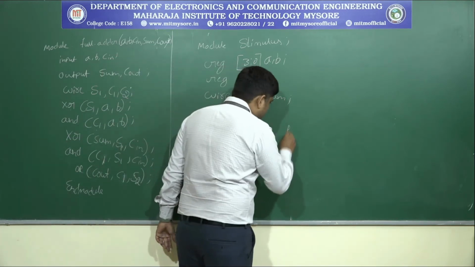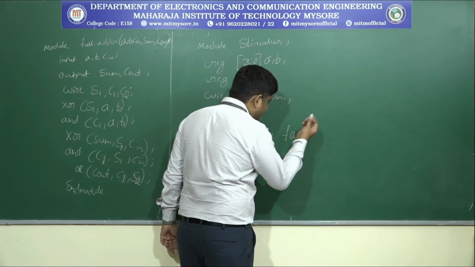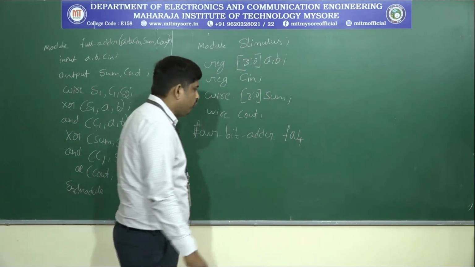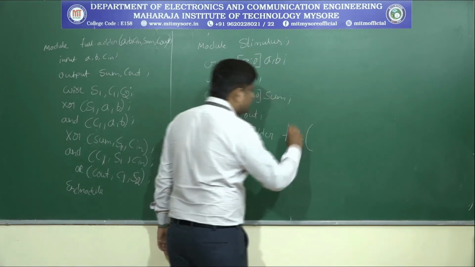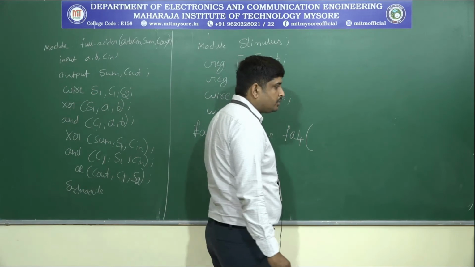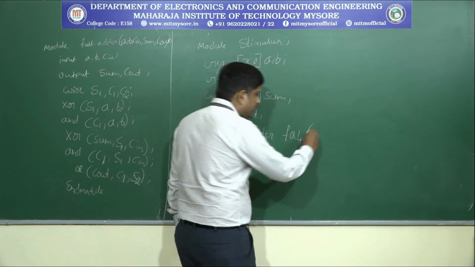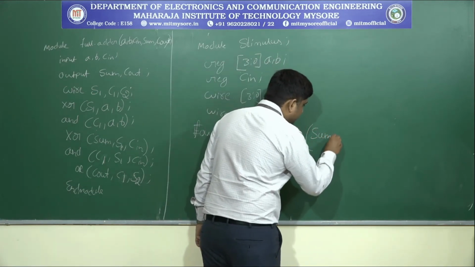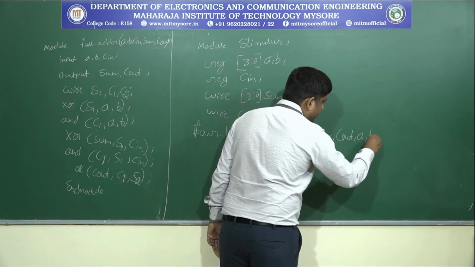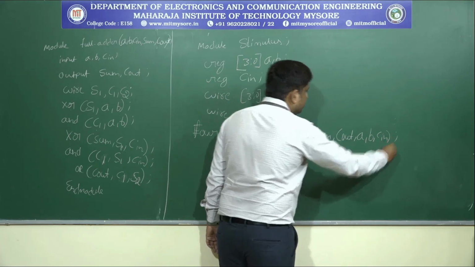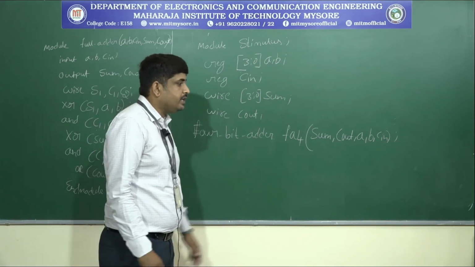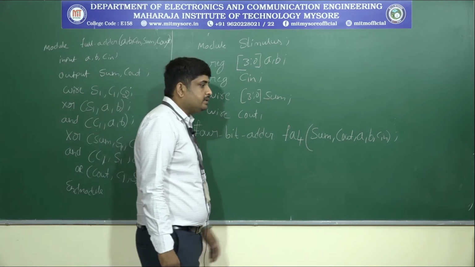Then for the name of the instantiation, you mention FA4, which indicates a 4-bit full adder. During instantiation, first we mention the outputs, next the inputs: sum, Cout, A, B, Cin.